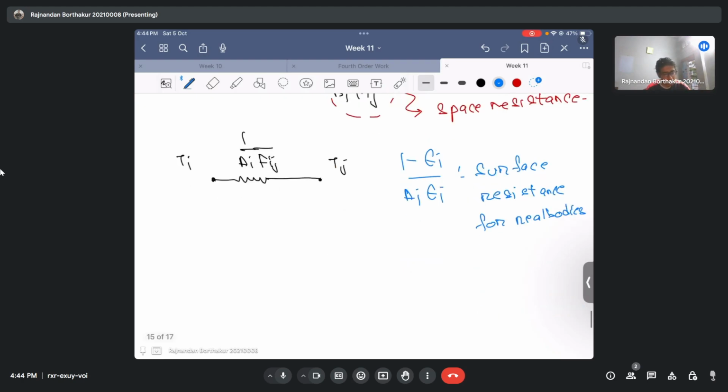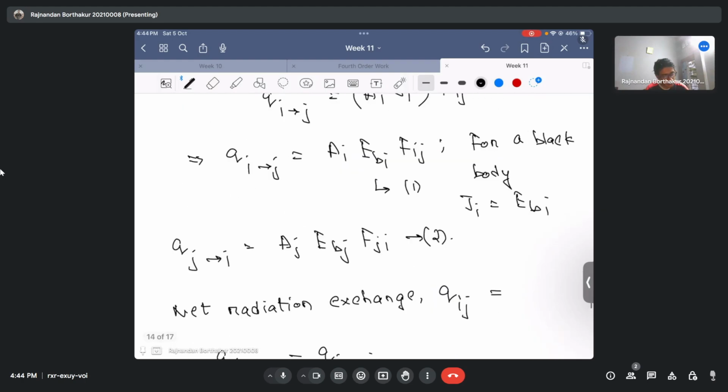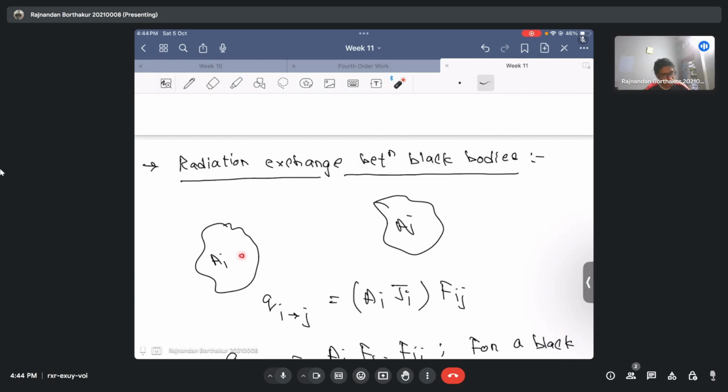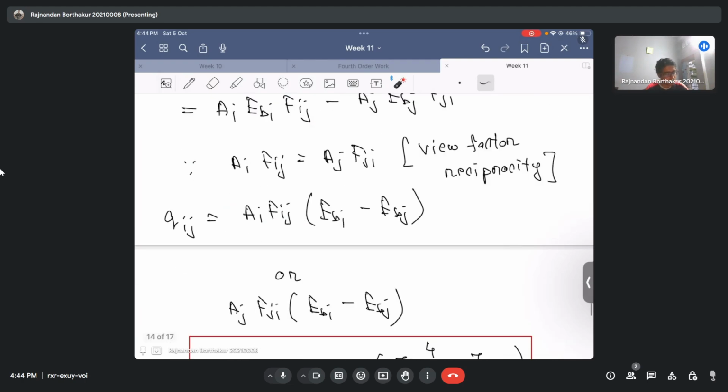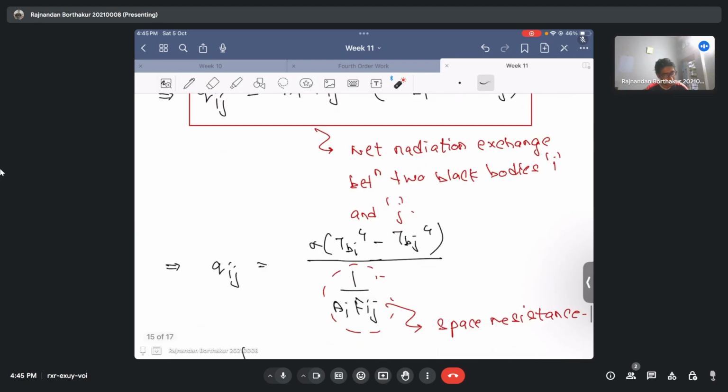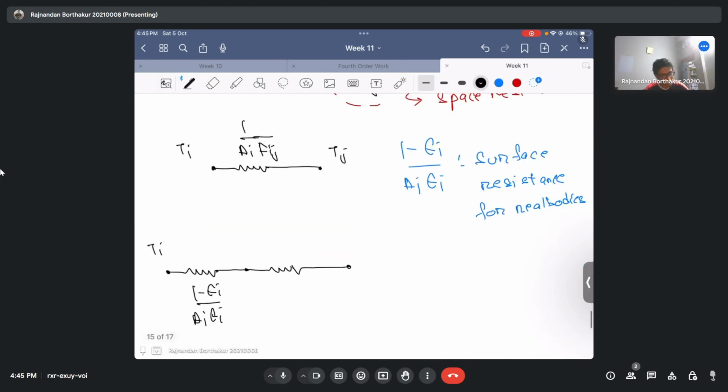So drawing the same analogy, if you want to draw the resistance network for two real surfaces I and J, you can just write it as Ti. There will be a surface resistance, which will be 1 minus epsilon I by Ai epsilon I. There will be a space resistance due to the fact that this will also emit in all possible directions and this will also emit in all possible directions, and that's why this space resistance comes into the picture, which is nothing but 1 by Ai Fij.